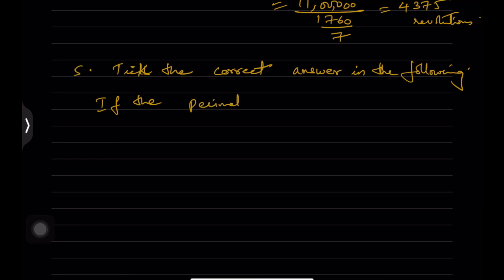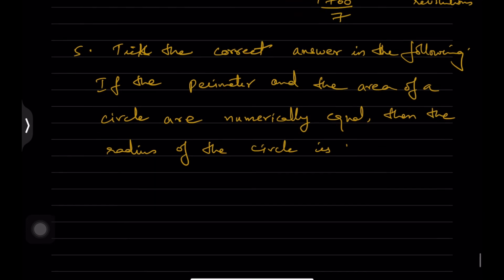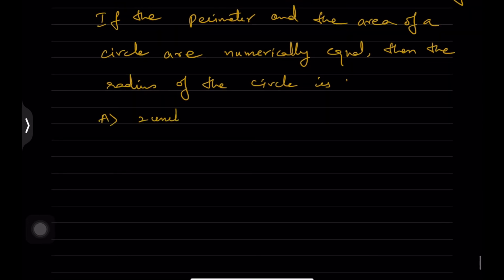If the perimeter and the area of a circle are numerically equal, then the radius of the circle is: A, 2 units; B, pi units; C, 4 units; and D, 7 units.